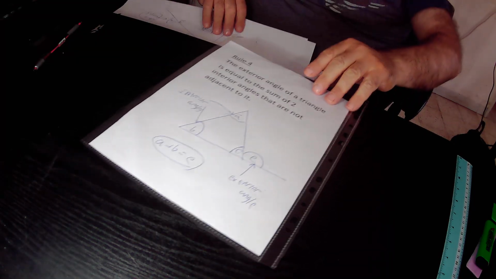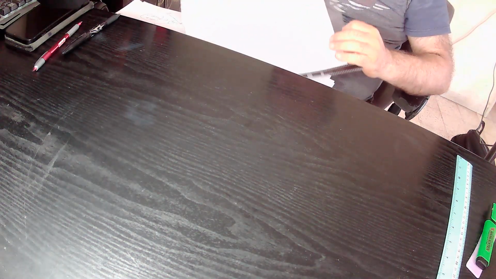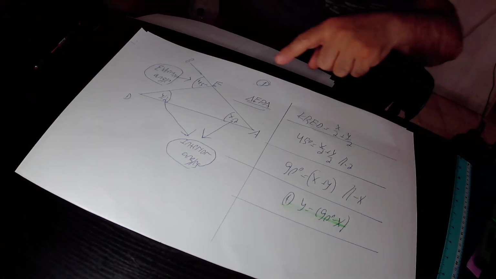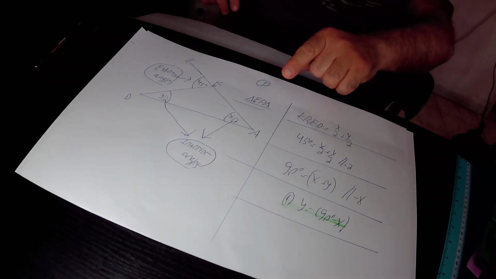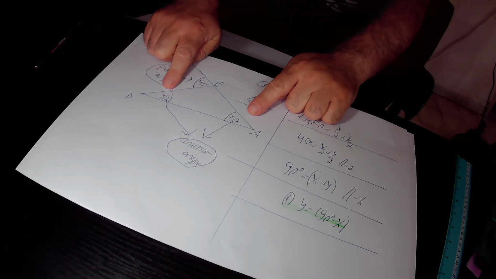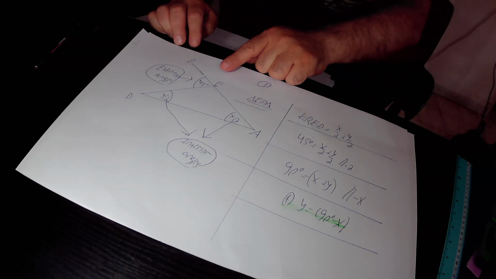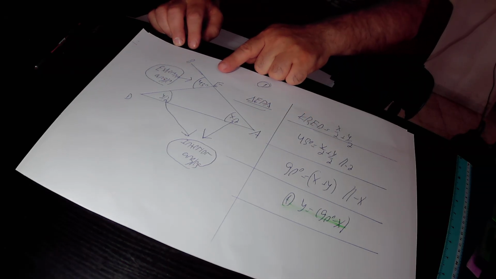So we can actually implement rule 4 in our drawing. Why? Because in our drawing this is triangle EDA, and those are the two internal angles x over 2 and y over 2, and this is angle BED that is defined as the external angle of triangle DEA.